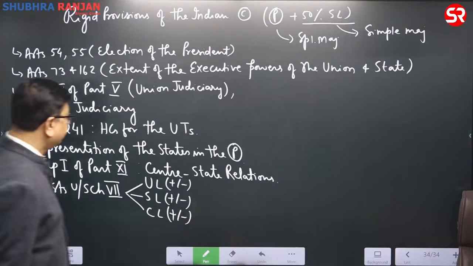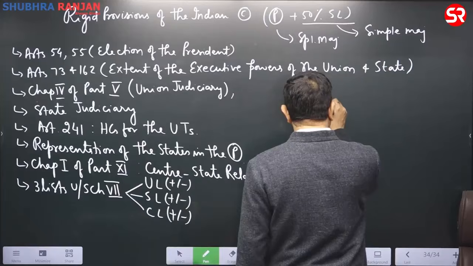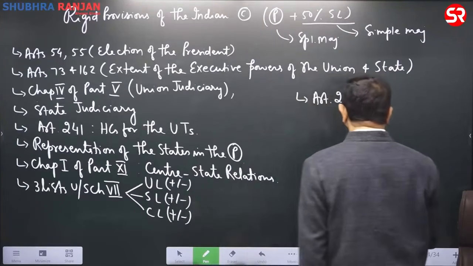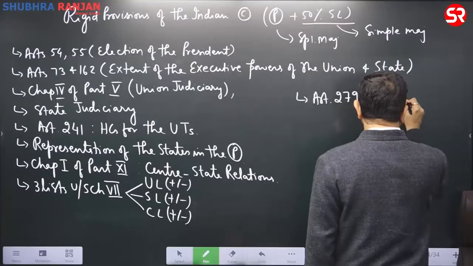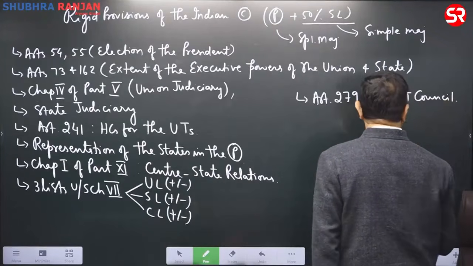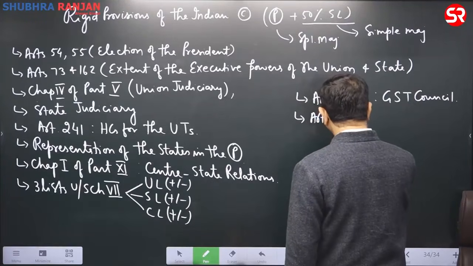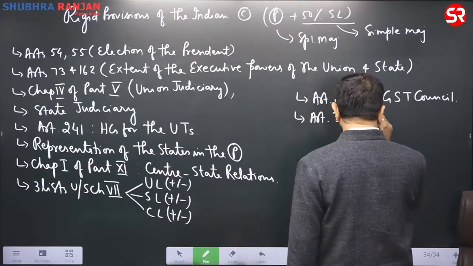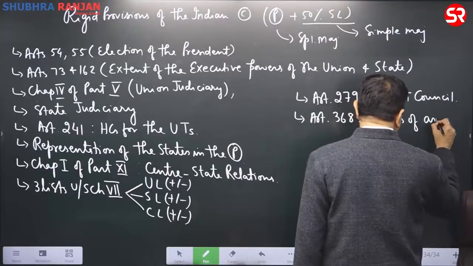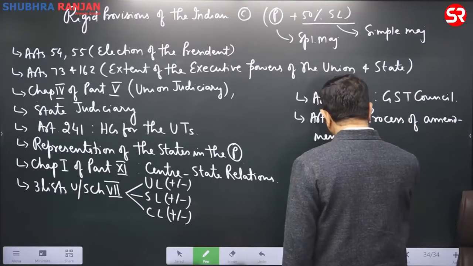Then Article 279A, GST Council. Then Article 368, the process of amendment of the Constitution.